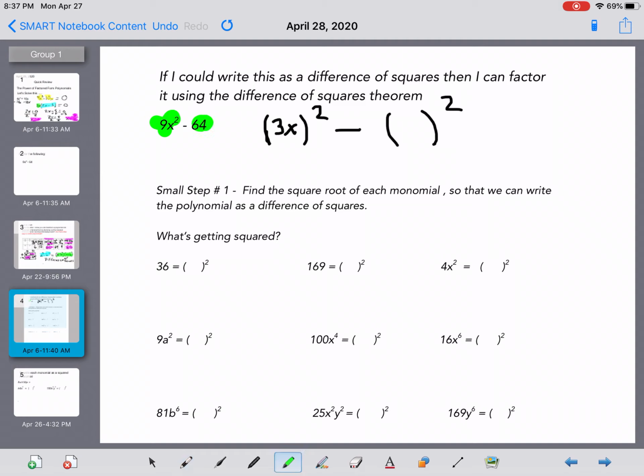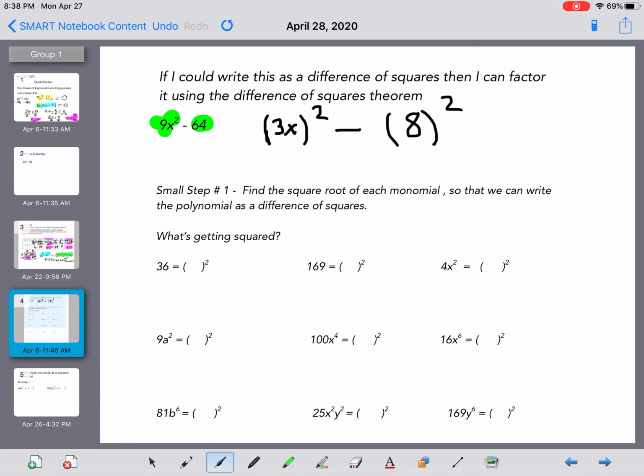What number times itself will give me 64? That's going to be 8. So 9x squared minus 64, I could rewrite it in an equivalent way: 3x to the second power minus 8 to the second power.